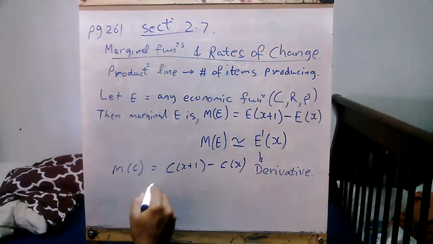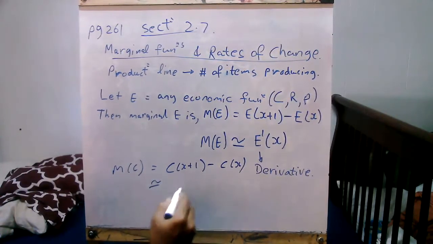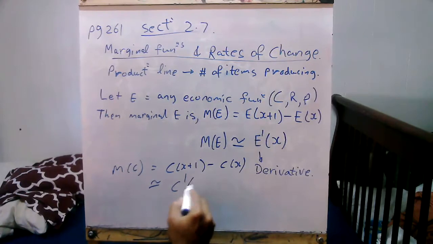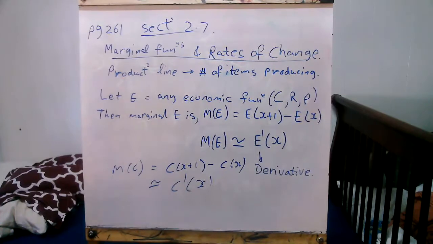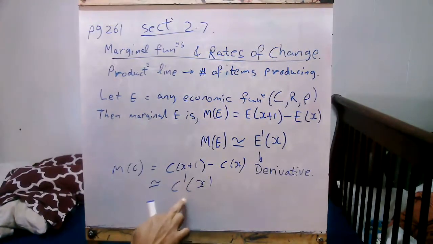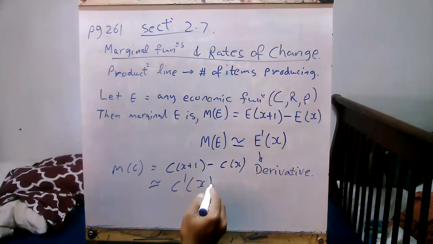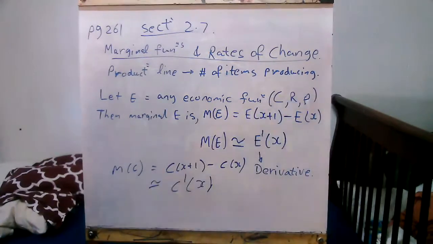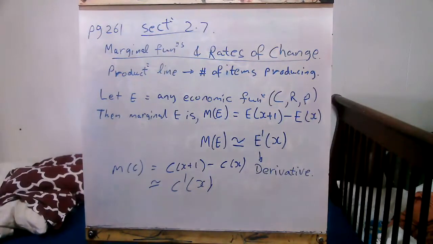We can approximate this using, this is nearly equal to, the derivative of the cost function. So the marginal cost is nearly equal to the derivative of the cost function. Same thing we can write for R or P, right? Okay, we can use an example to show this.